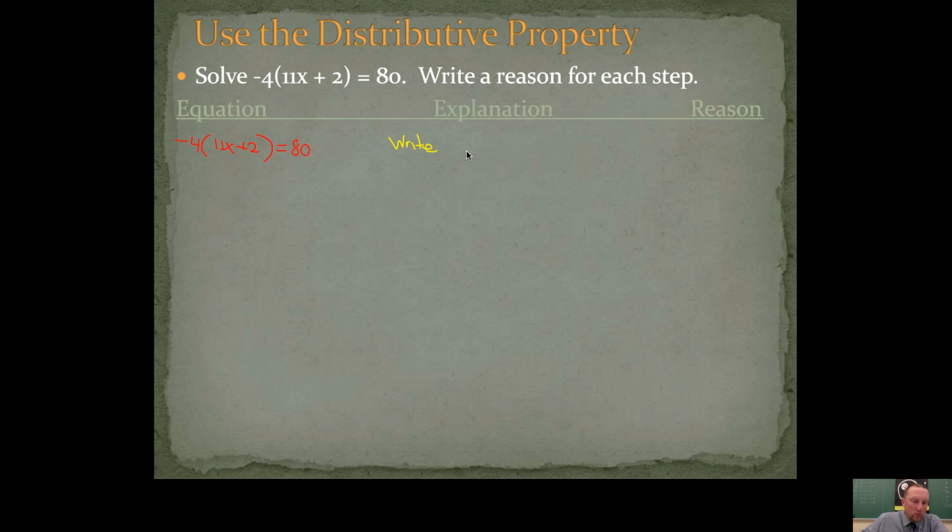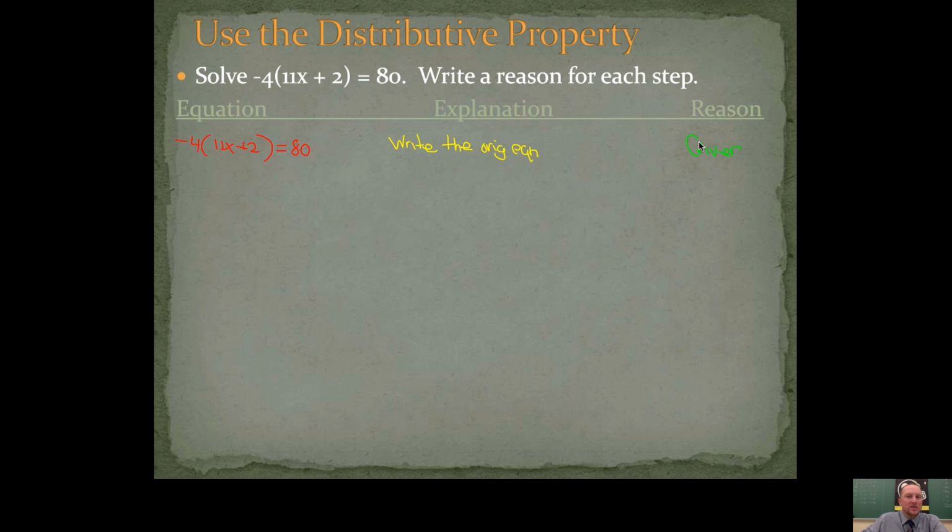We wrote the original equation. And what's the actual reason for that? How do we know that's true? It's given to us.